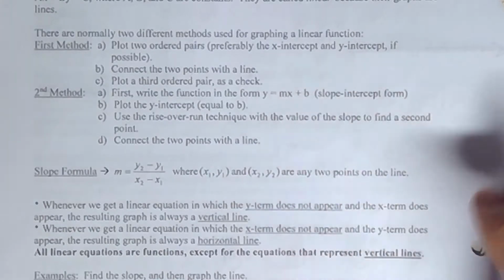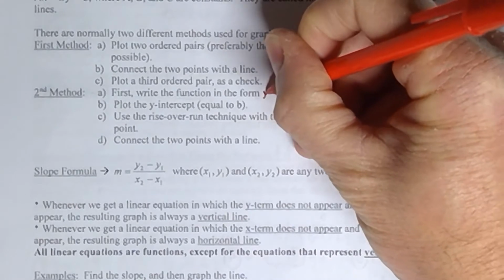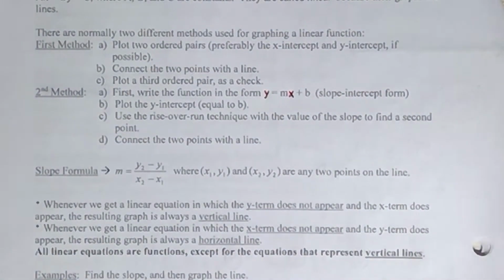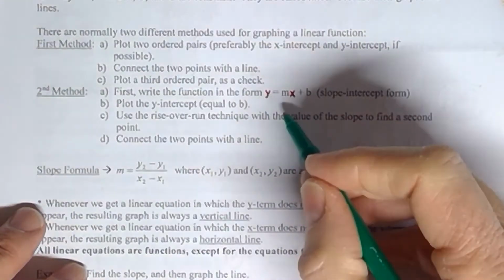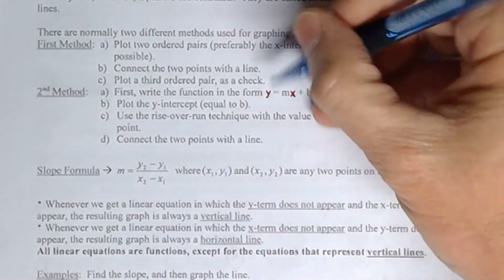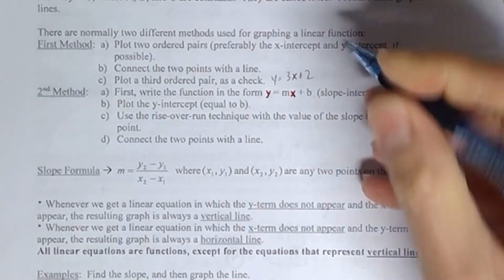Please remember that the y and the x are the variables. The m and the b look like variables, but I just put those letters there, okay, as an indicator that there should be some constants in those two spots right there. Like, for example, y equals 3x plus 2 would be an example of what we're going to be doing here.